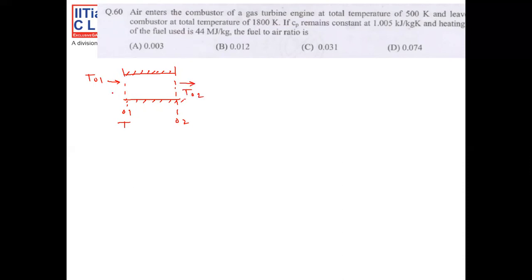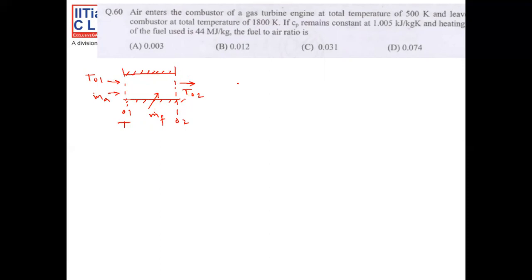The air mass flow rate in the combustion chamber is m_a dot, and the fuel flow rate inside the combustion chamber is m_f dot. Now if we apply an energy balance equation across this combustion chamber, the total energy at the entry and exit will remain the same.